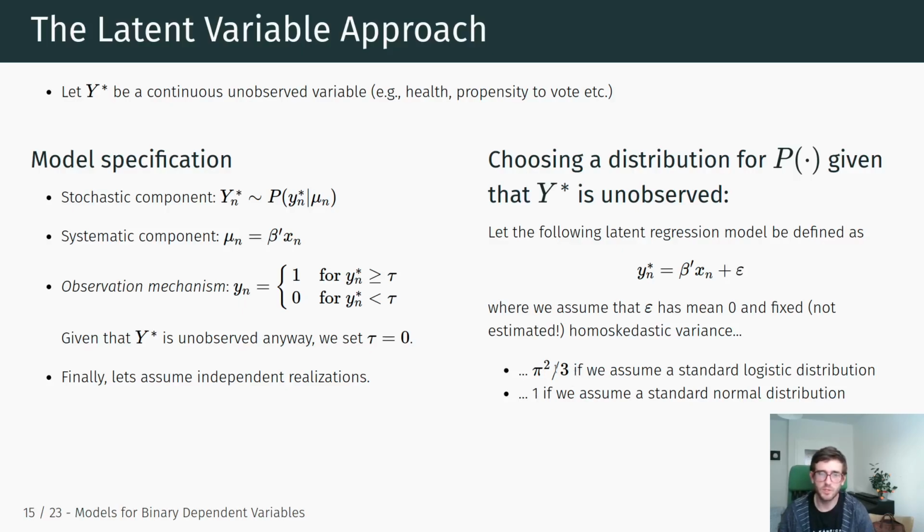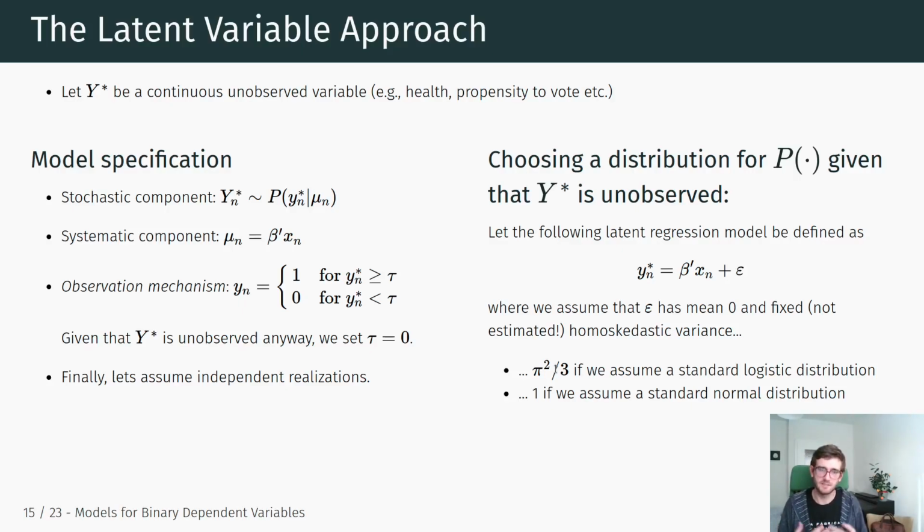Maybe we'll talk about this in a bit more detail in the Q&A session next week. But this is similar to the previous video where we talked about logit and probit as different link functions that serve the same purpose in the sense of mapping our systematic component to a probability.